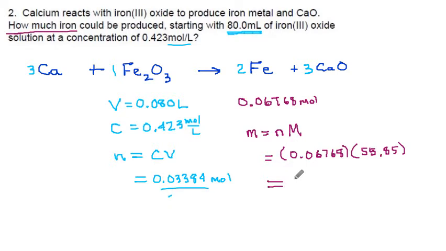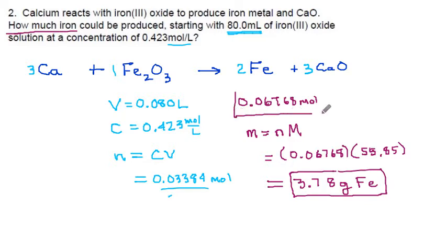And that gives us a mass of 3.78 grams of iron metal. So that answer is good, or because the question left it kind of open what units they wanted, giving the number of moles would also be okay.